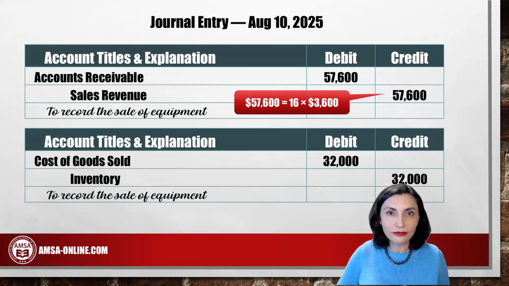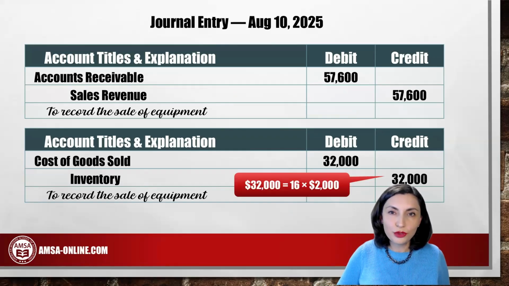To record the cost of goods sold, we debit or increase cost of goods sold by $32,000, which is 16 multiplied by 2,000, and credit or decrease inventory by $32,000. Note that there is no adjustment for the volume discount because it is not probable that the customer will reach the benchmark.